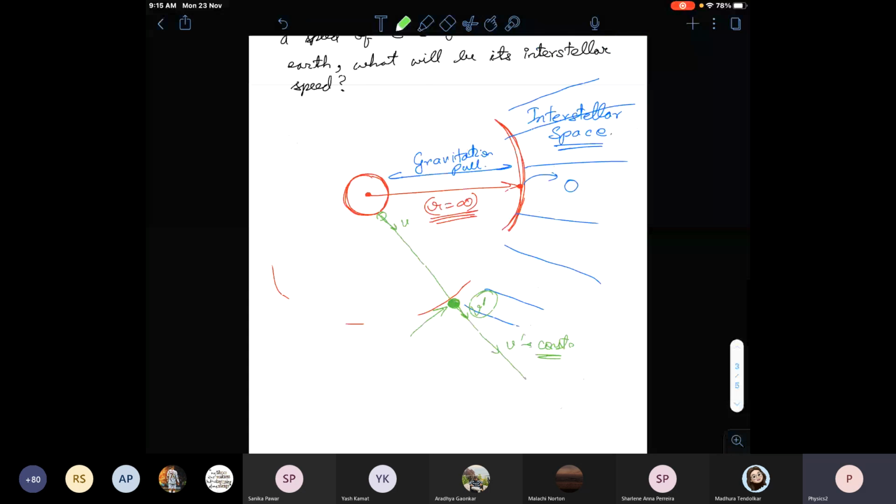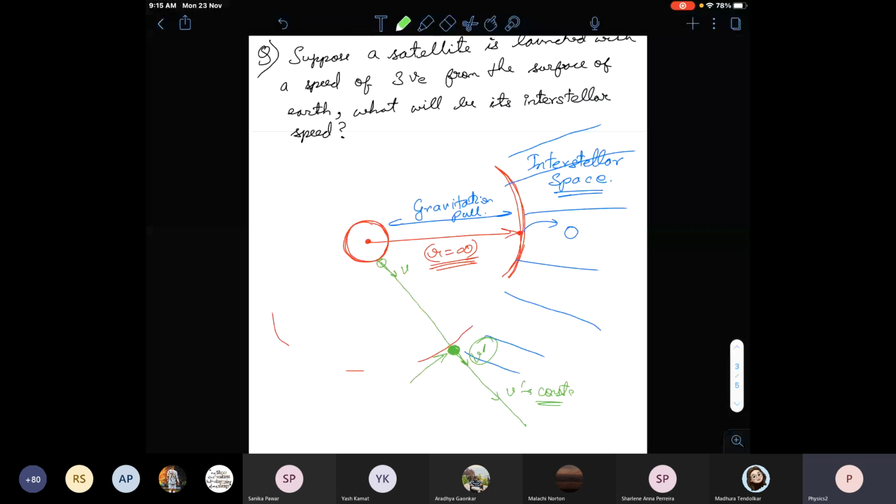Okay, so this is the situation: the particle is thrown with 3 times the escape velocity. This is point A, this is point B, and at point A my satellite has a velocity of 3 times escape velocity, 3v, and when it reaches point B, it will have some velocity v dash.